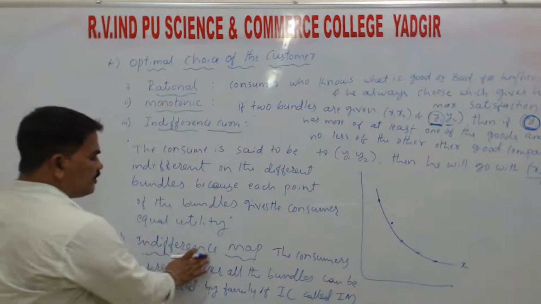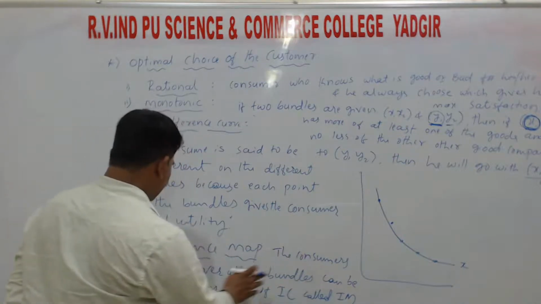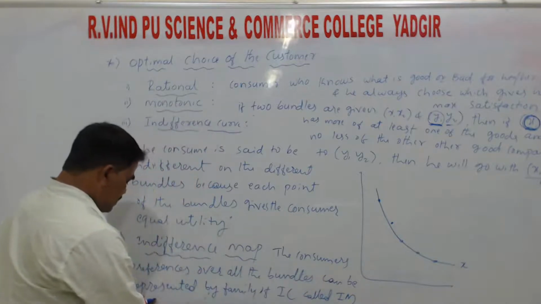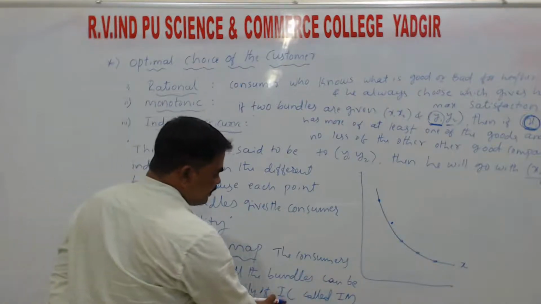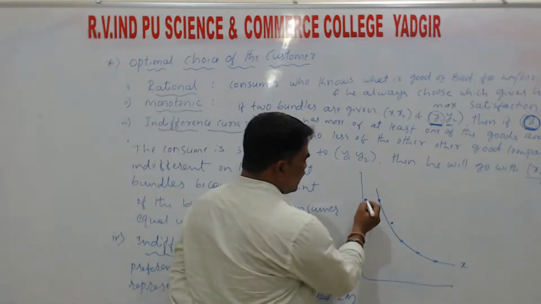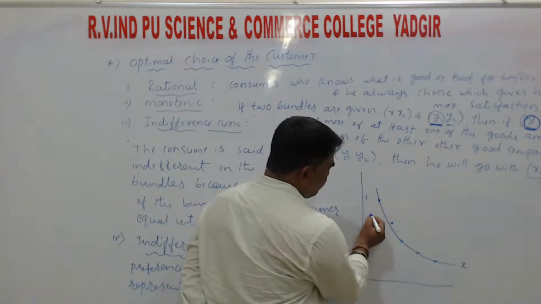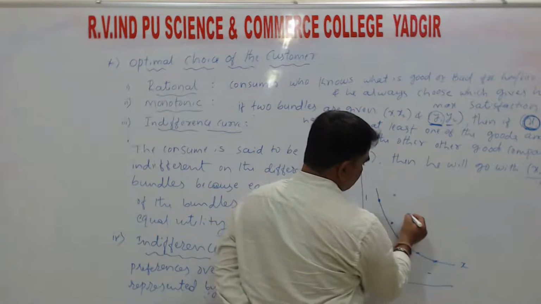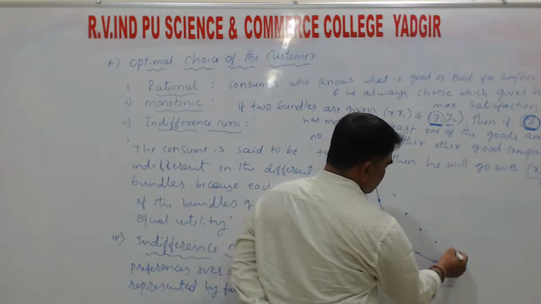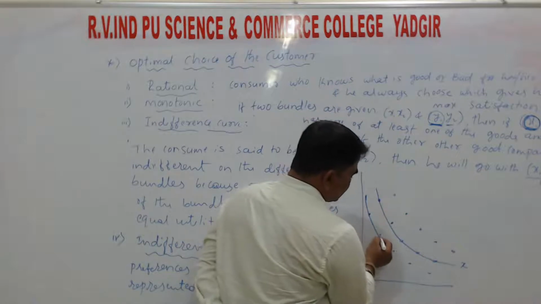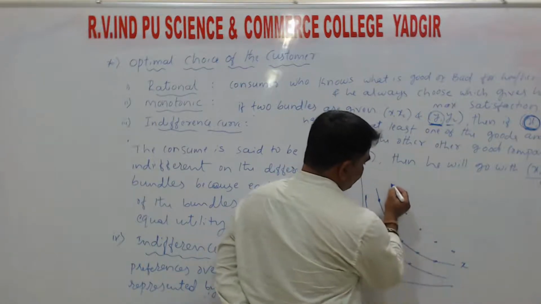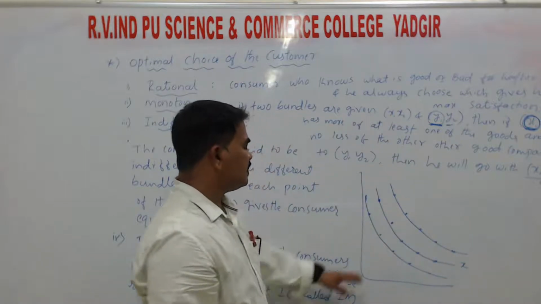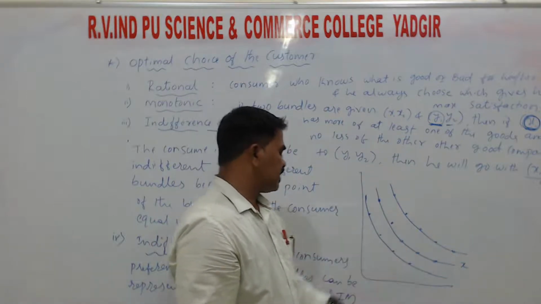Okay, so now indifference map means the consumer's preferences over all the bundles can be represented by a family of indifference curves.